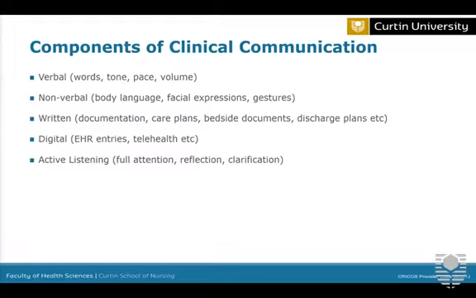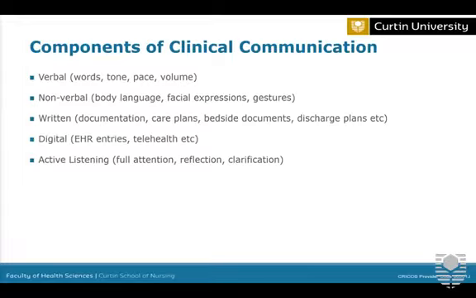Digital records you're probably familiar with already in terms of the electronic health records. We know that at national levels we have our own electronic health record that we have completed every time we see a health service or health practitioner.